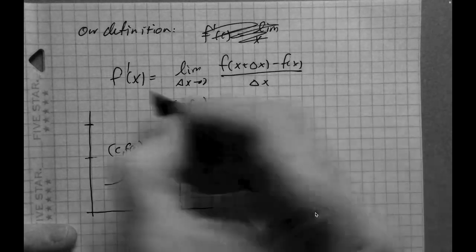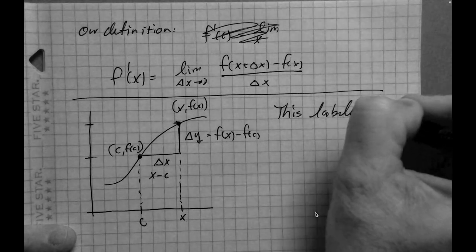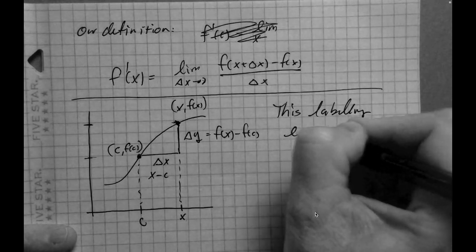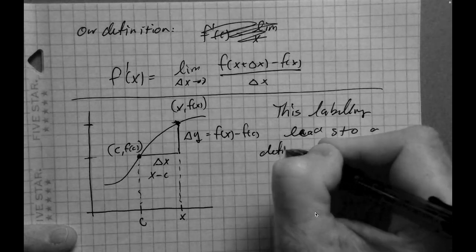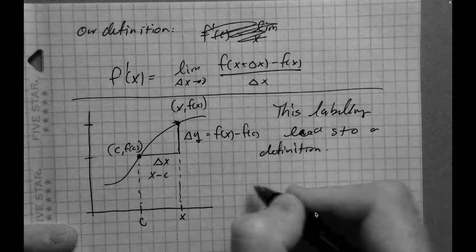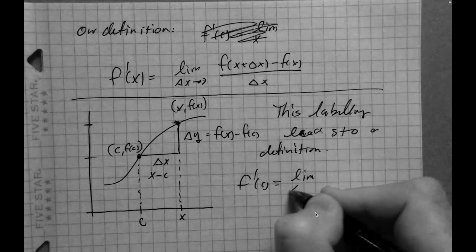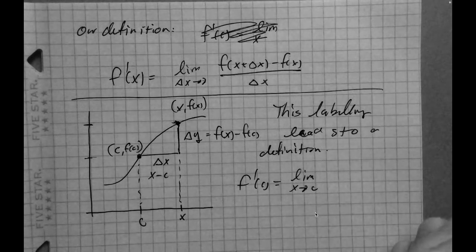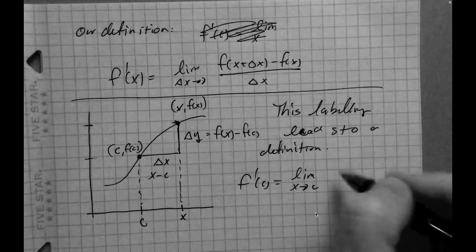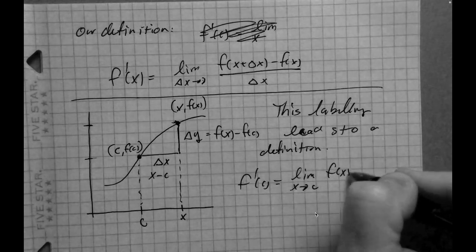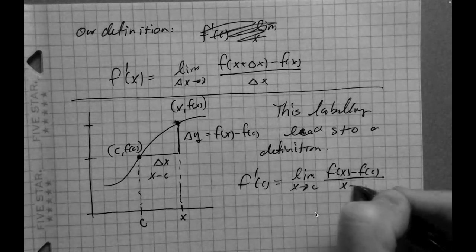What this labeling leads to is a definition: f prime of c equals the limit as x approaches c of the change in y, delta y, over delta x, where delta y is f of x minus f of c, and delta x is now x minus c.